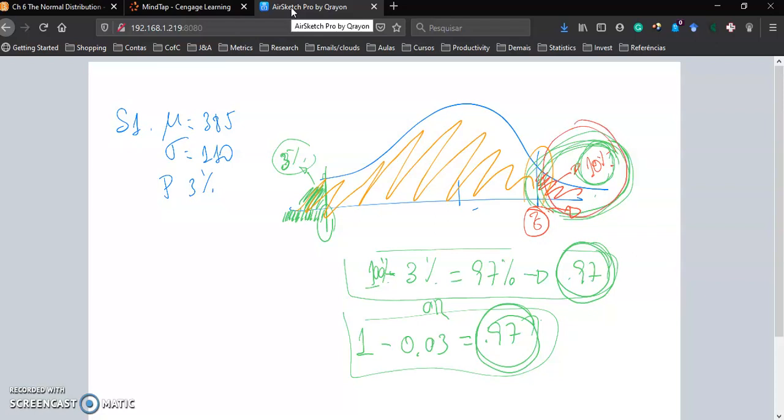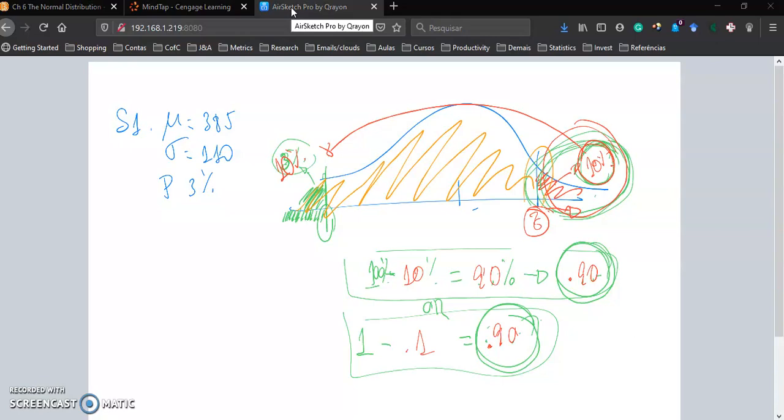I cannot use 10 directly in Excel because Excel will think that it is the 10% in the lower tail. So what I have to do is subtract 10% from 100%, which is 90%, which is 0.90, or 1 minus 0.10 in decimal form.